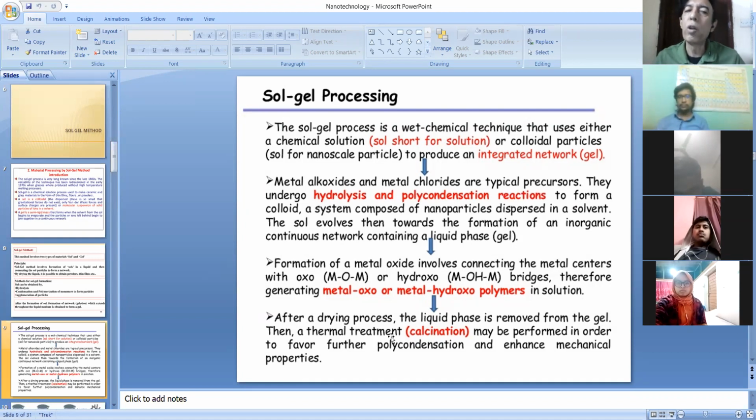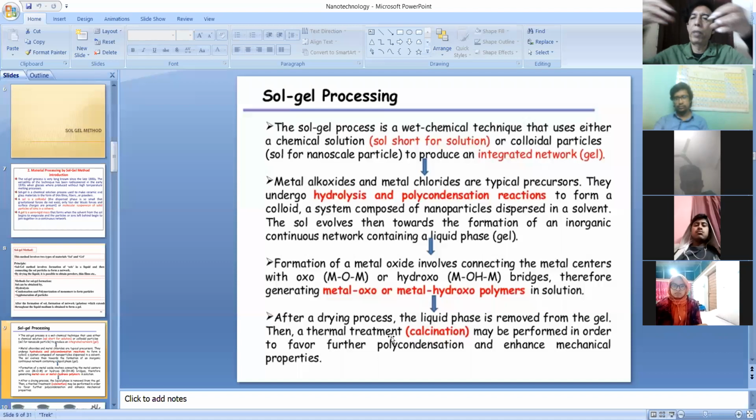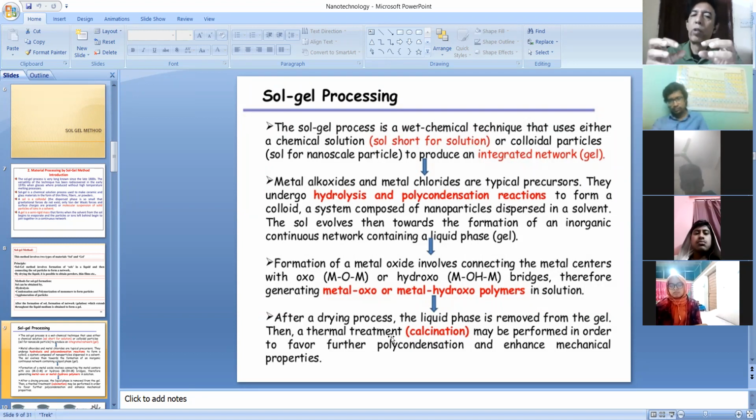These metal alkoxides and metal chlorides, in presence of a suitable catalyst, undergo hydrolysis in the solution. If you put metal alkoxide or metal chlorides in a solvent, then it will hydrolyze in presence of a catalyst to form a colloid.